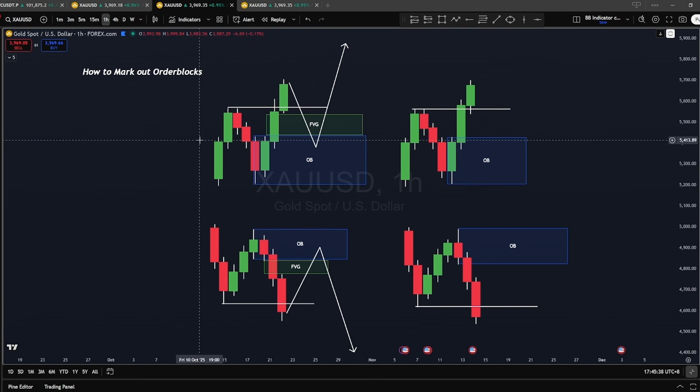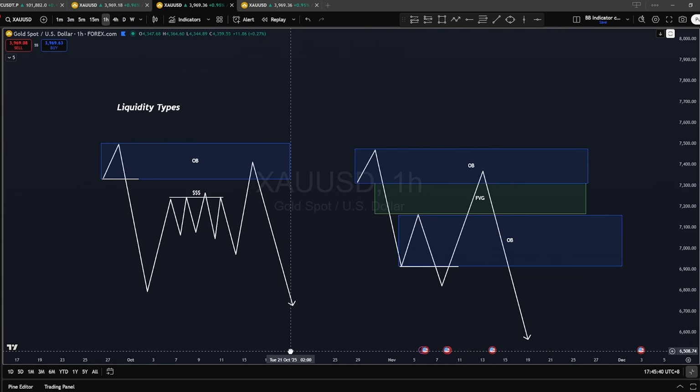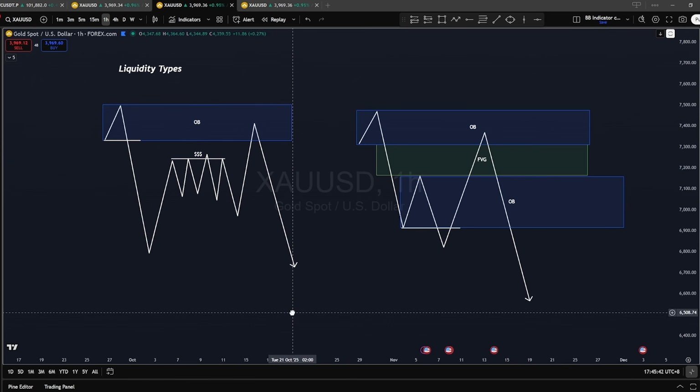Number 3, consideration of liquidity points. All these 3, the more confluence that you have. For example, if you have all 3, this makes it a very high probability order block. If you have just one, that is already a high probability order block. So the more confluence you can stack, the higher probability it is.